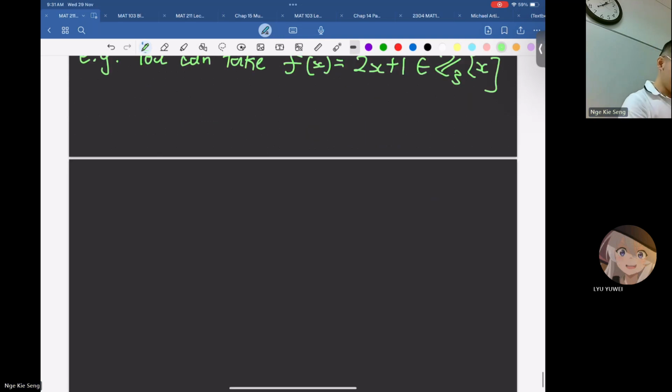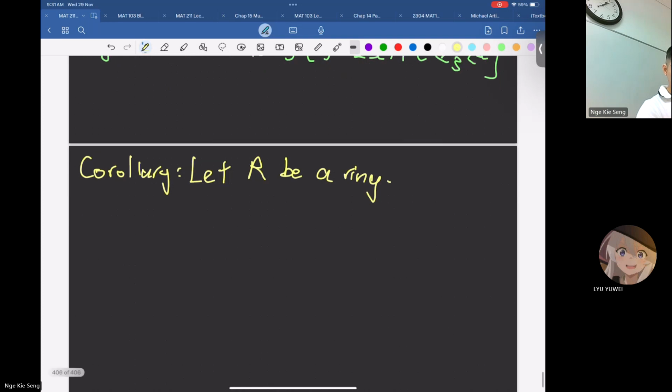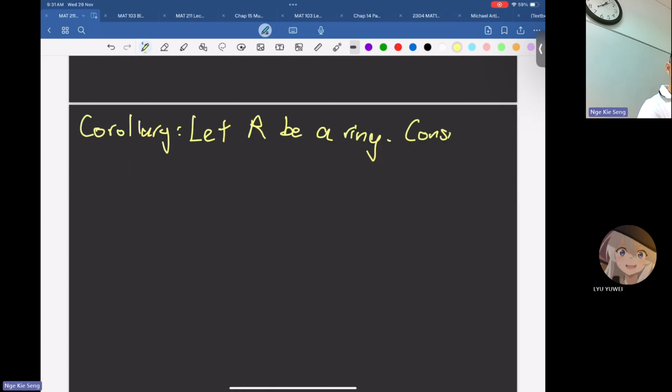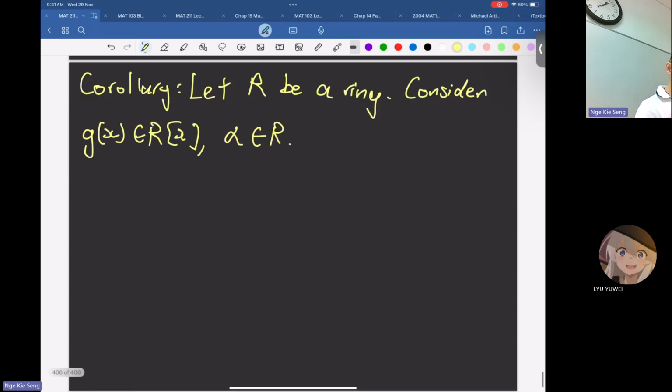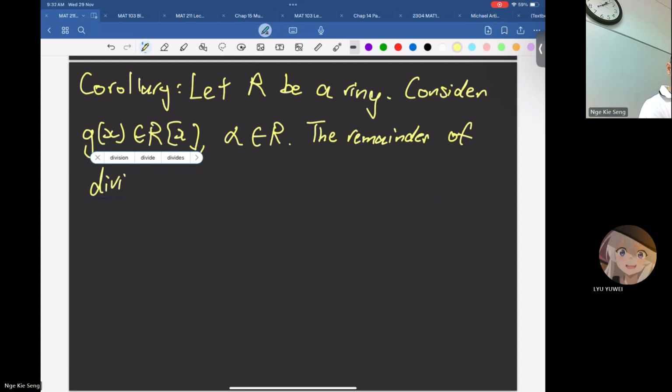Okay, another corollary. Let R be a ring, and then take some polynomial g(x), and then some element a in R. What's the remainder in the division of this g(x) by x minus a?